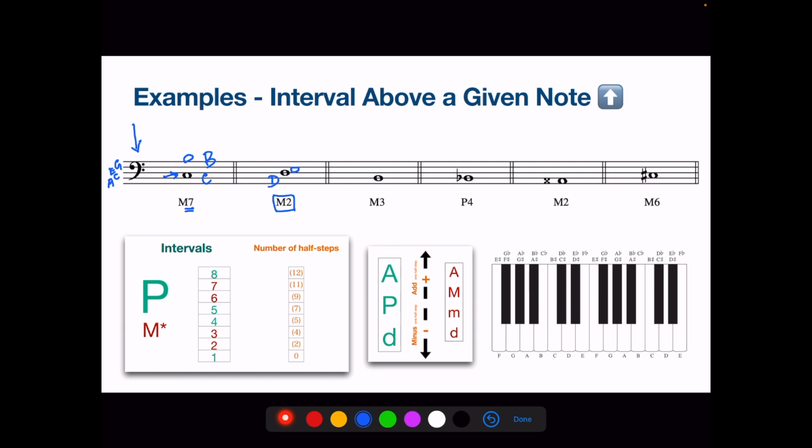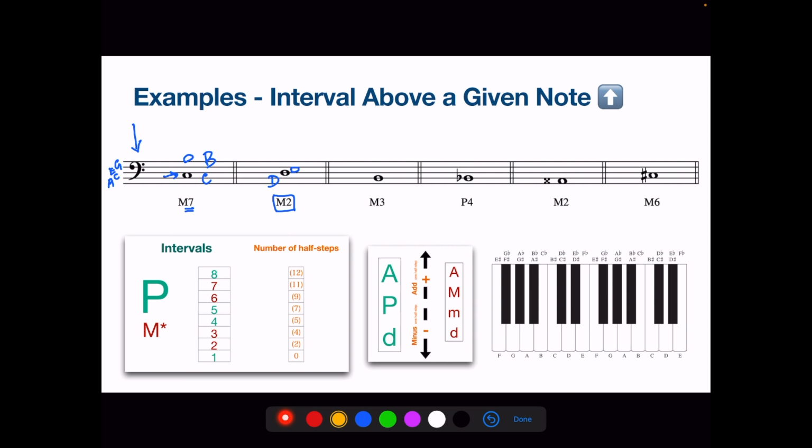So D and E. A major second, based on what we know from the chart, has 2 half steps. So let's see, from D to D sharp is 1 half step, 2 half steps. Okay, you got lucky. D and E, what you already have here, that's a major second. Good, moving on.